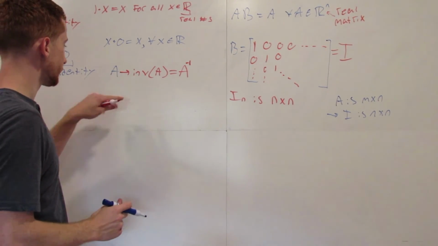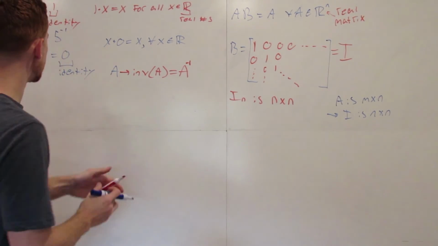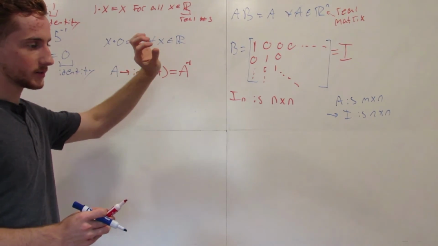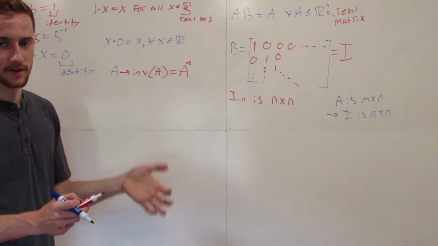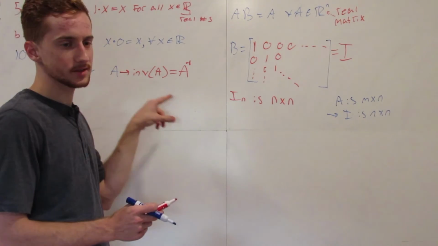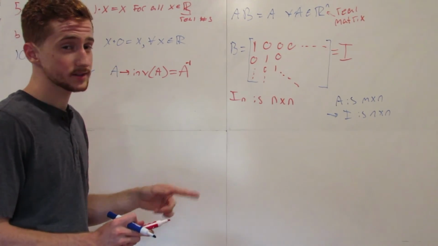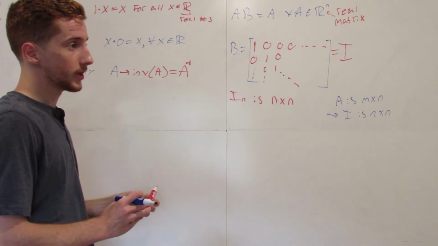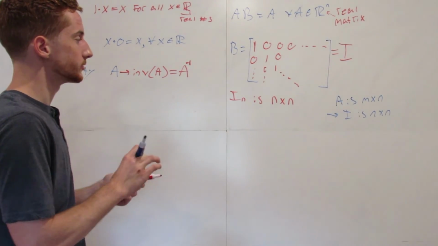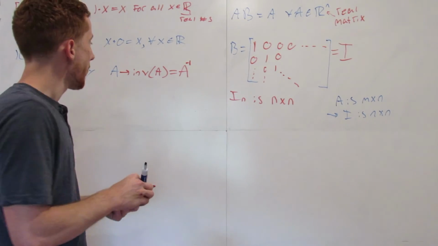But it's not as simple as flipping all the values, taking the reciprocal of all the values in A to get the inverse, because the matrix multiplication process is fairly complex, and it's actually true that not all matrices have an inverse.